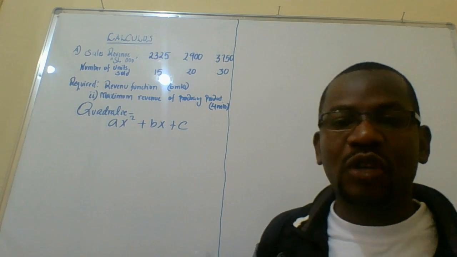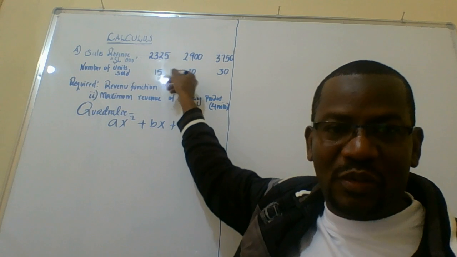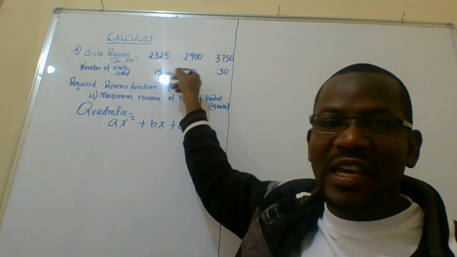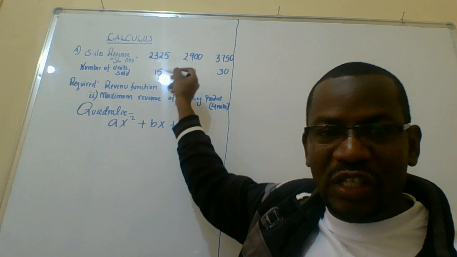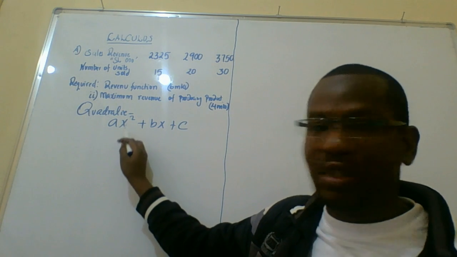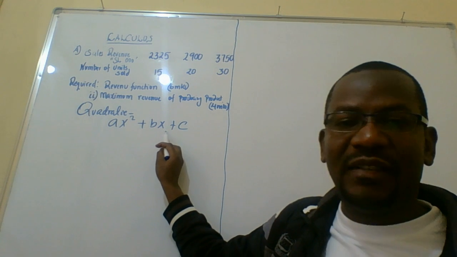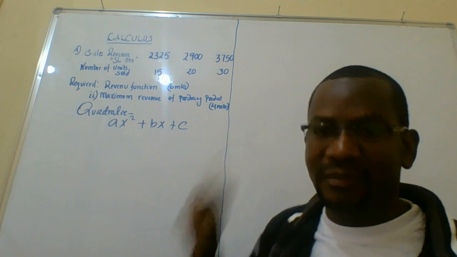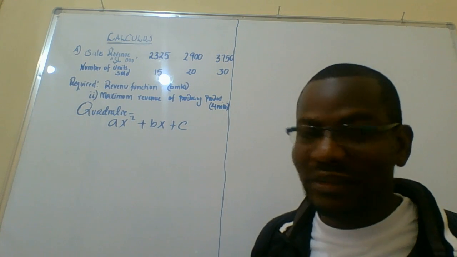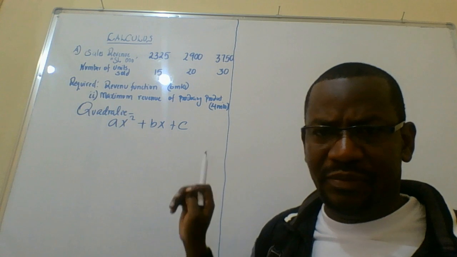I'll come up with equation A, where I'm substituting x, the units sold, which can be x or q. So this 15, I'm going to substitute here. In the revenue function, I don't care about the constant, but in the cost function, I should care about the constant.